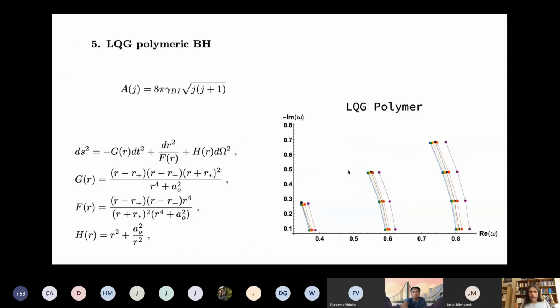Then you can go to loop quantum gravity. Loop quantum gravity is a tentative background-invariant and non-perturbative quantization of GR.